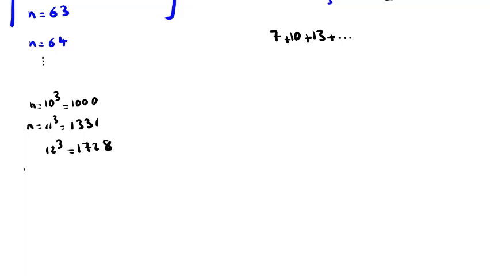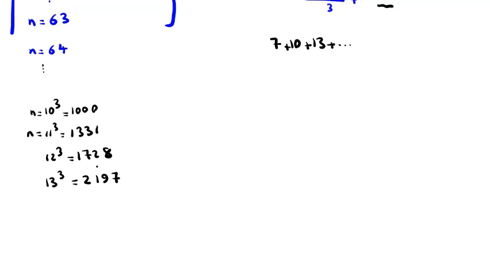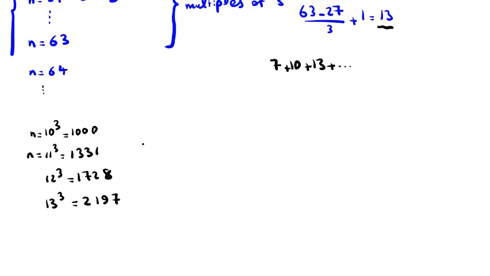So we can check the next number. If we calculate 13 cubed, it will be 2197. So enough. Until here, between these numbers, 1331 to 1727, their cube roots are what?